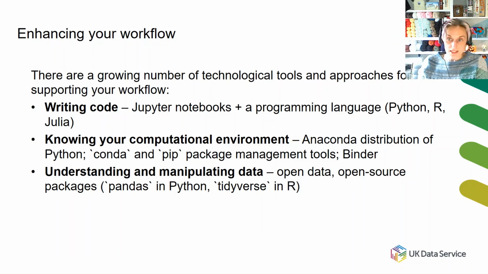Understanding and manipulating data. Open data sources are great wherever possible, but they are not always available. And so if you're using data that is sensitive or personal or protected in some way, you have to, as I said, make it clear how you got it. Depending on how you acquired your data, there may be limits to how you can use it.